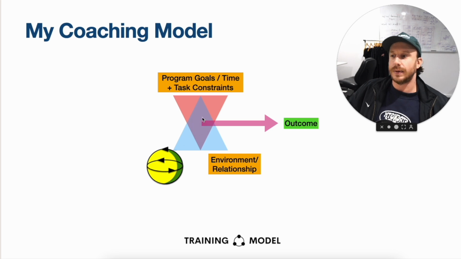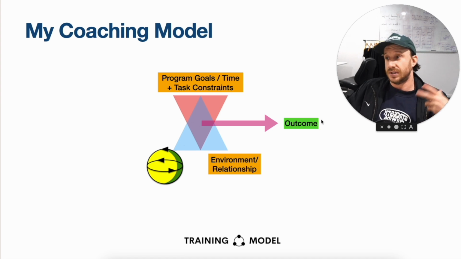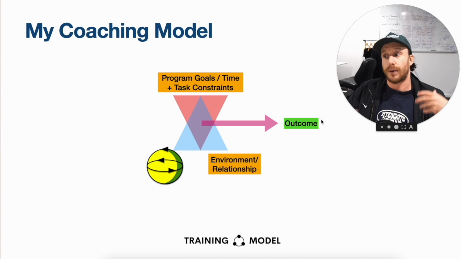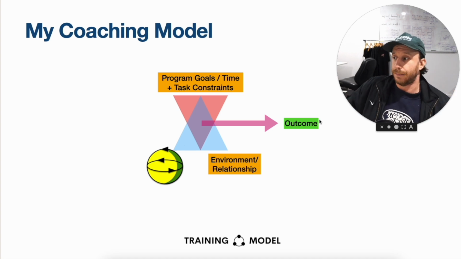And ultimately, we need a combination of both, and it's going to be relatively individual, the expression of both top down and bottoms up coaching practices. And ultimately, as a response to that, we are going to start to feed outcomes into the system. We're going to start to see positive and negative adaptations, subjective and objective performance markers starting to change as a response to the system that's being input.